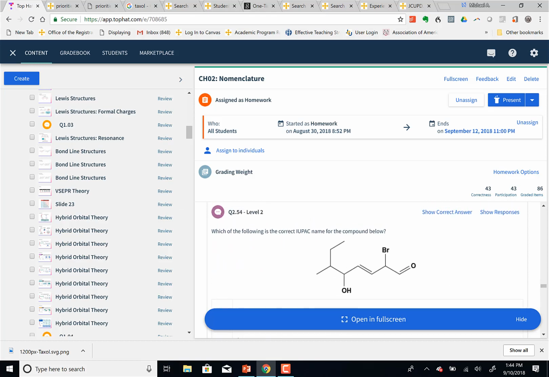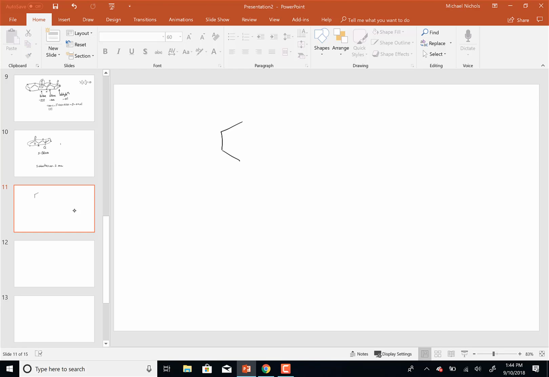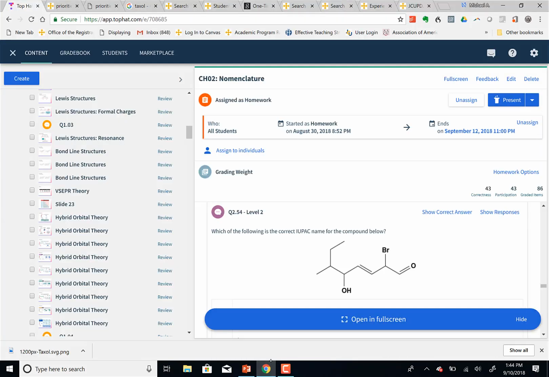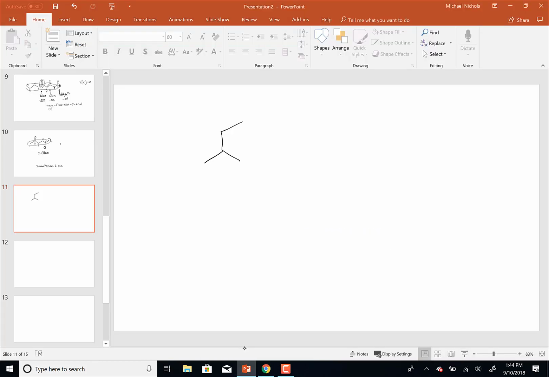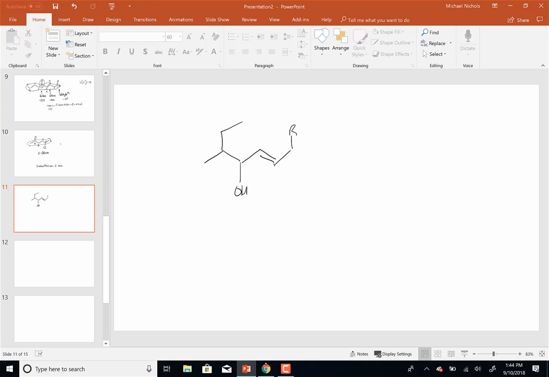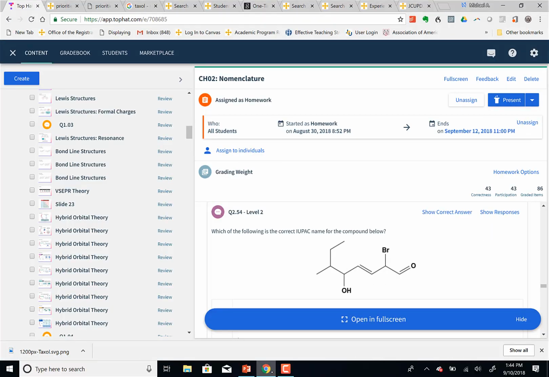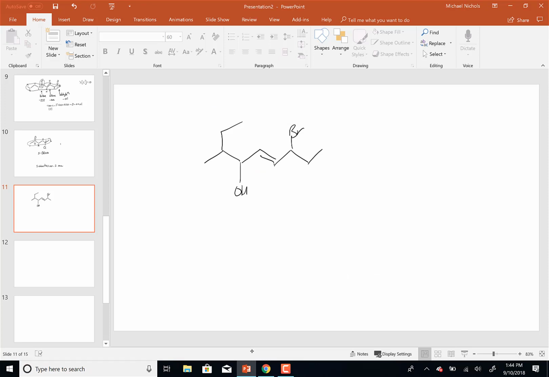Okay, what's the name of that molecule? So what's the name of this?